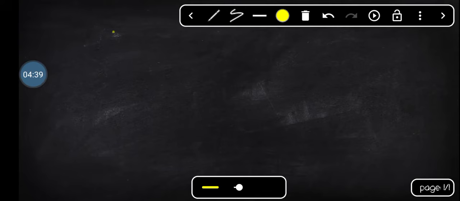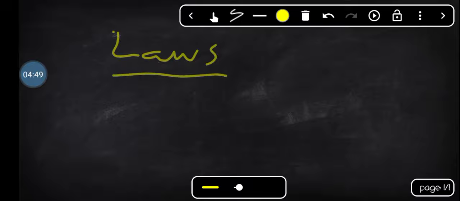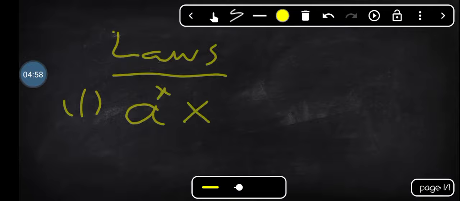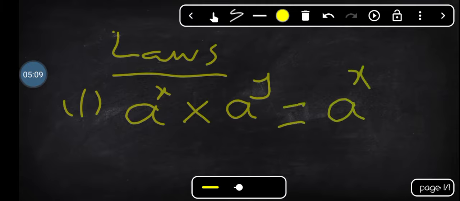I want to look at the first law of indices. Let's say you have a raised to power x multiplied by a raised to power y. Because it is multiplication, this will give us a raised to power x plus y.